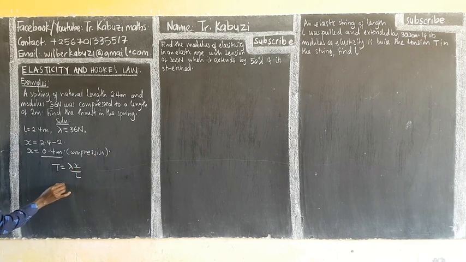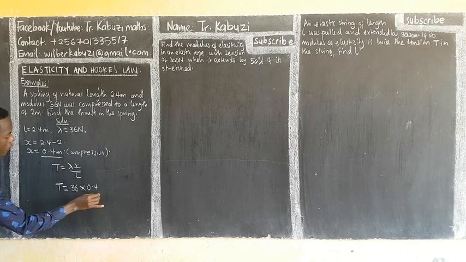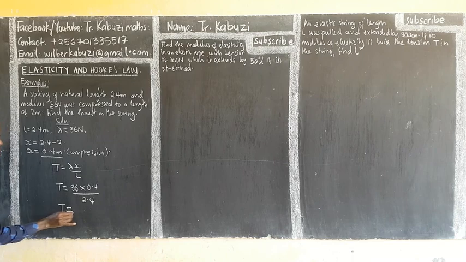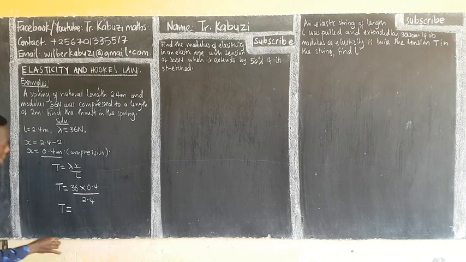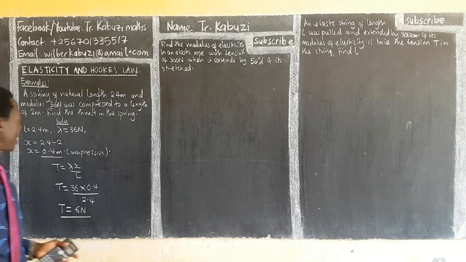So our thrust is going to be lambda, which is 6, times x, 0.4, over the natural length 2.4. So our thrust is going to be 6 newtons. So that's the thrust in that spring.